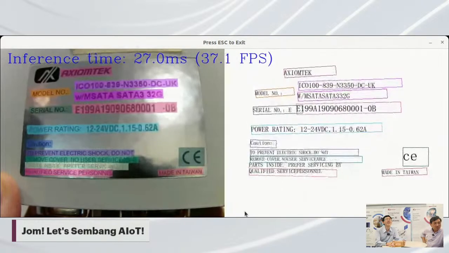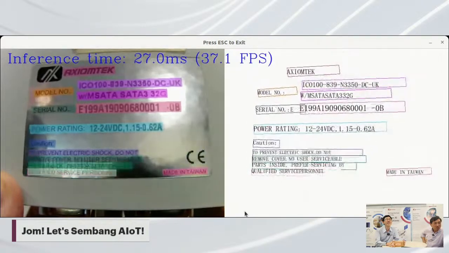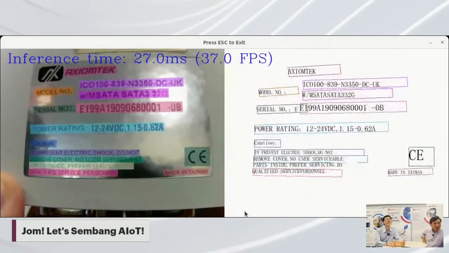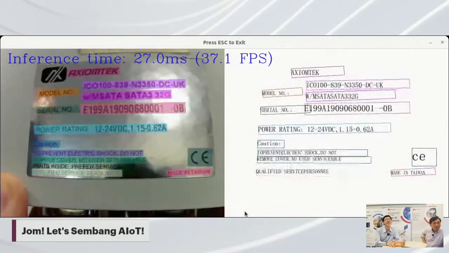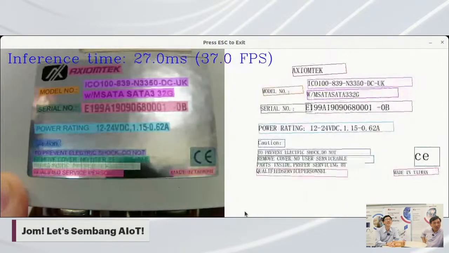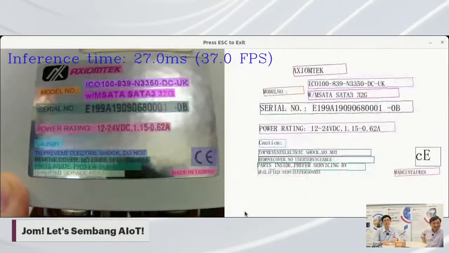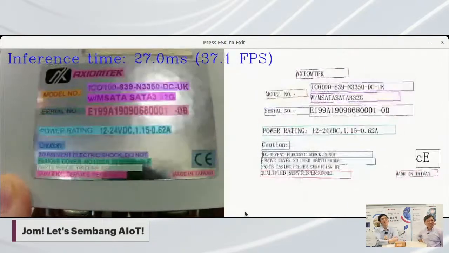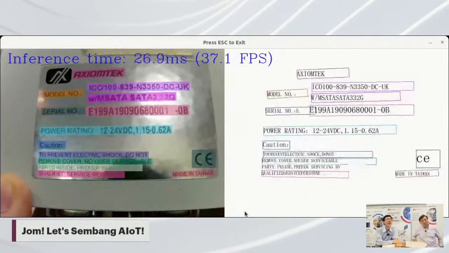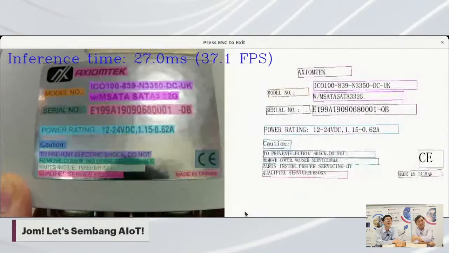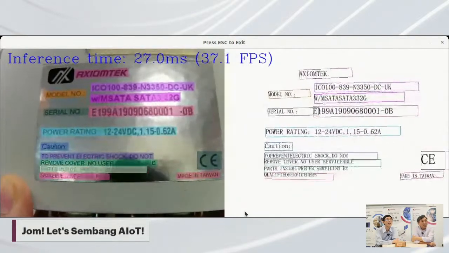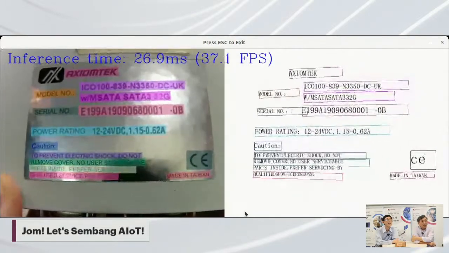To prevent electric shock, do not remove cover. The thing keeps moving because Amil is holding it by hand. Parts inside. So it's quite good. This kind of auto detection is quite good.